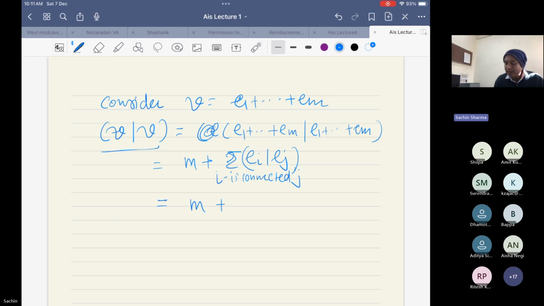What about these things inside the sum? Can one guess what it will be? Remember, what is EI EJ?